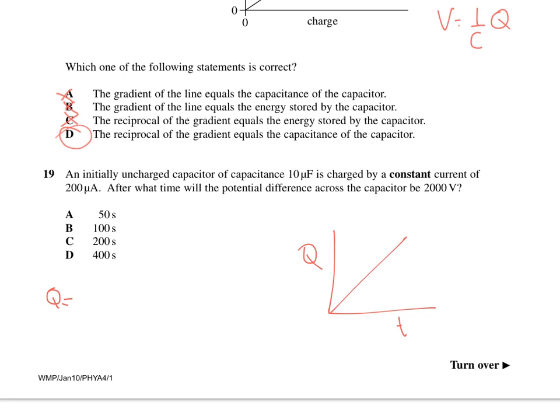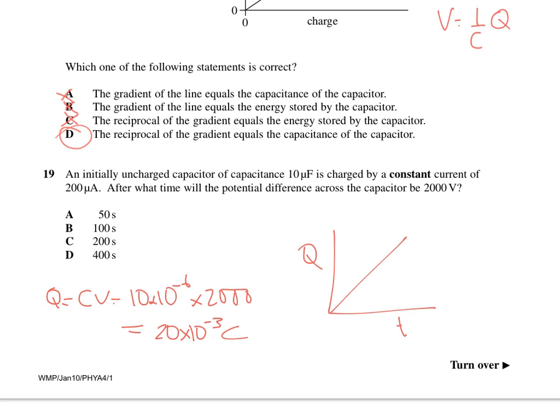So we know Q equals CV, so that's going to be 10 times 10 to the minus 6 times 2000, equals 20 times 10 to the minus 3 coulombs.